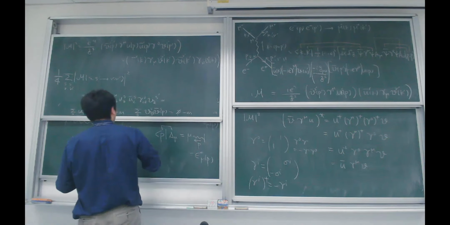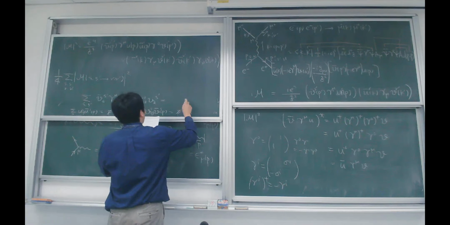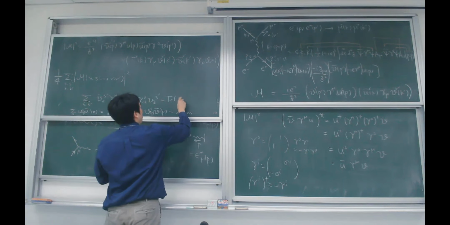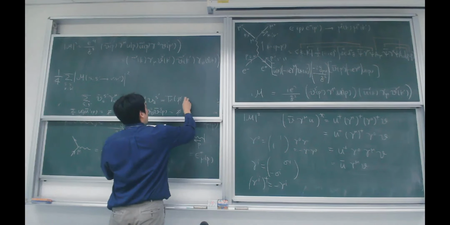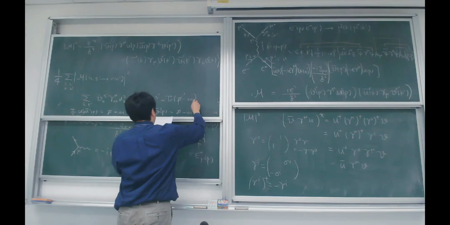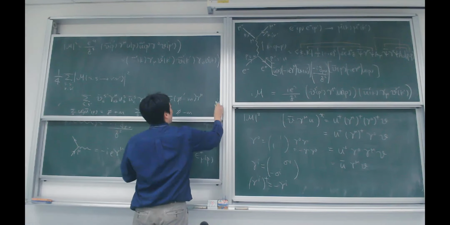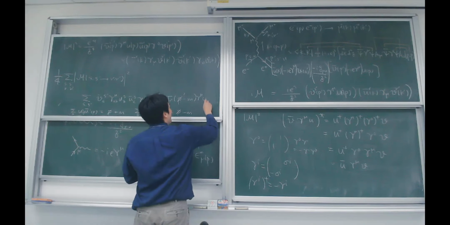So this one indeed becomes the trace of p slash minus m, gamma mu, and gamma mu.